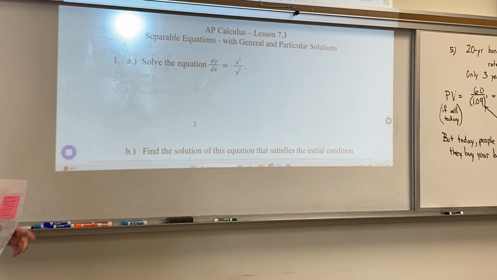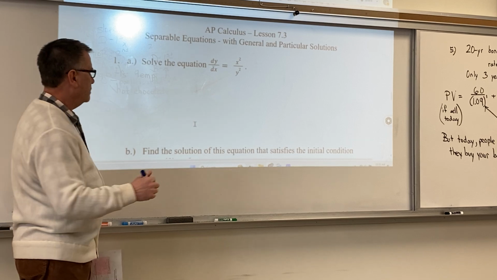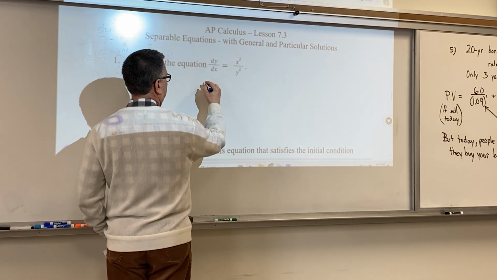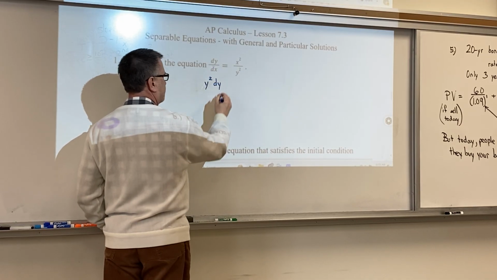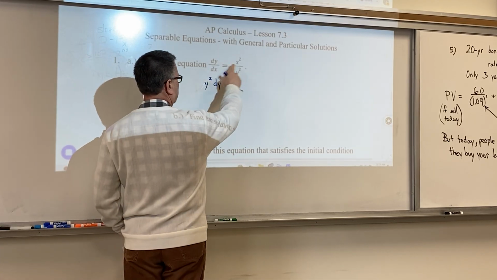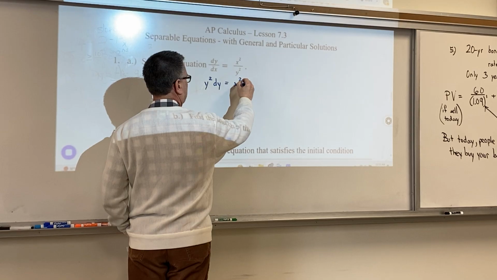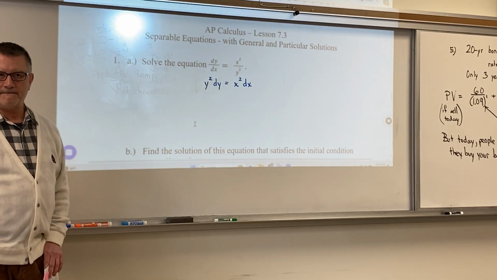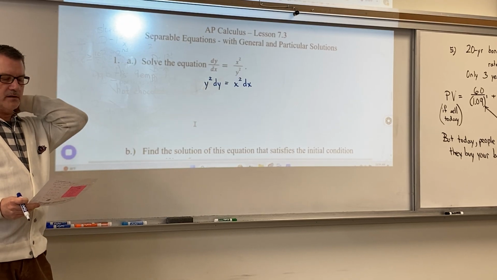Let's see if I can get all the x's on one side, all the y's on the other. Hey, what if I multiply both sides by y squared and I get y squared dy? And then I multiply both sides by dx and I get that equals x squared dx. I am able to get all the y's on one side, all the x's on the other.